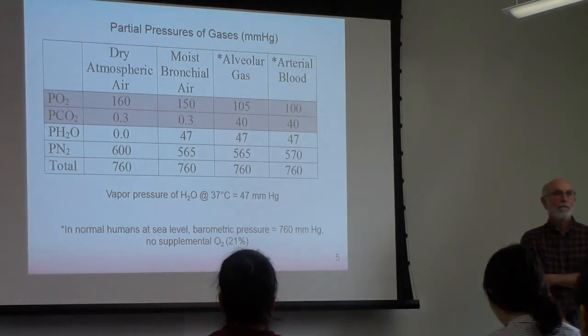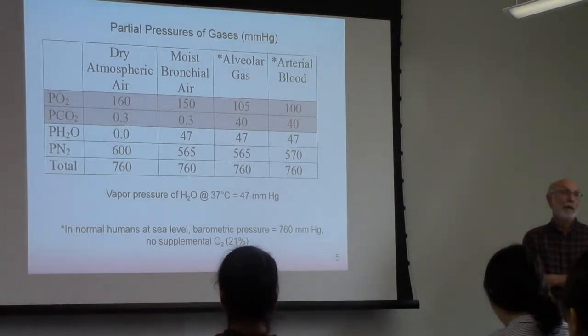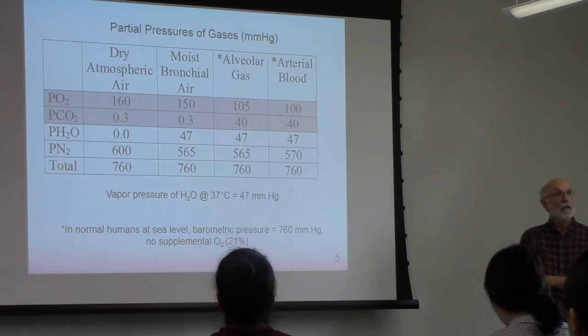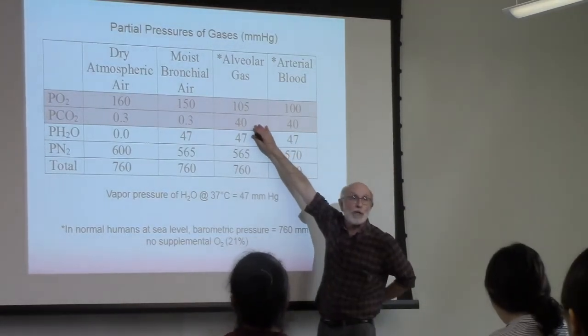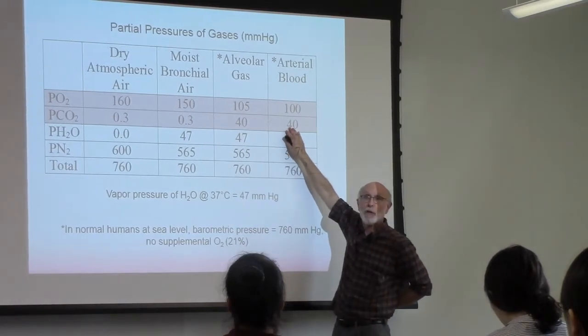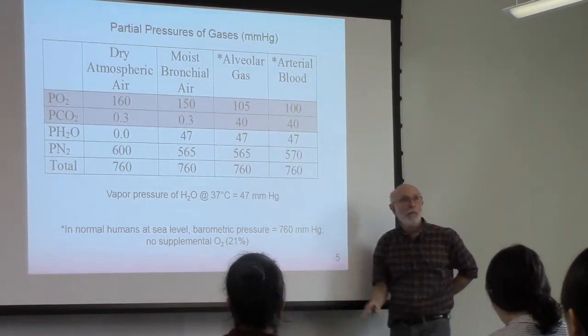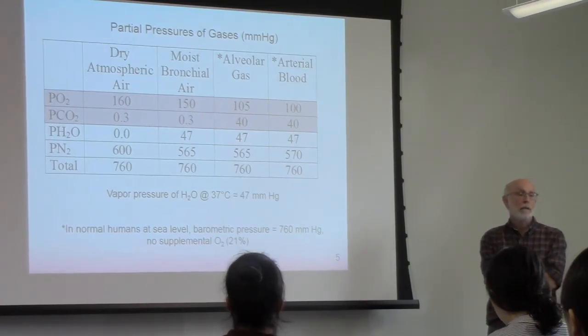Can anyone venture a hypothesis? I haven't taught you this, and maybe you learned about this in chemistry, but maybe not. Well, let's talk about first, why are these two numbers the same? Why is the partial pressure of carbon dioxide in alveolar gas the same as the partial pressure of carbon dioxide in arterial blood leaving the alveoli, leaving the lungs?